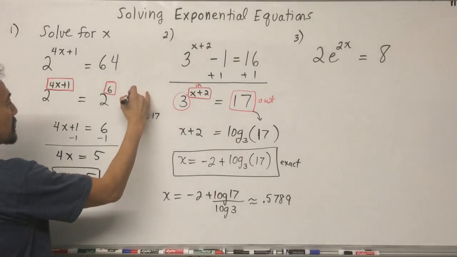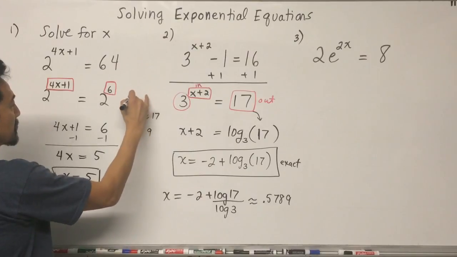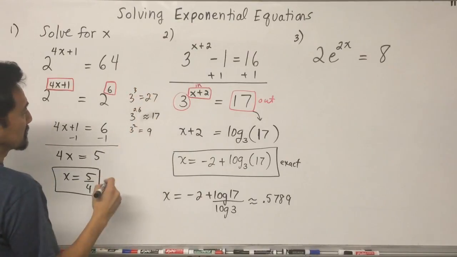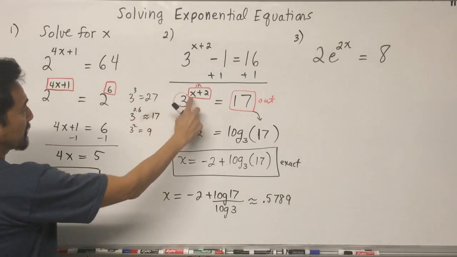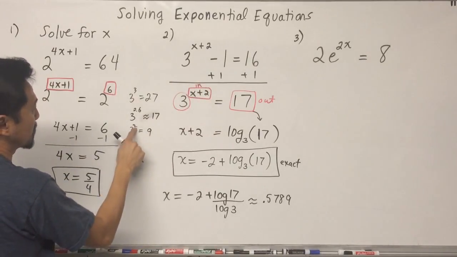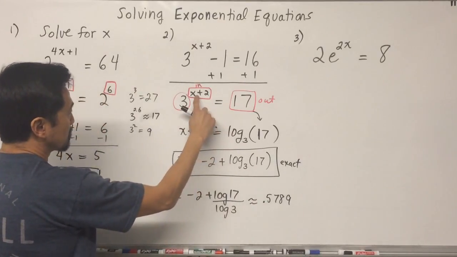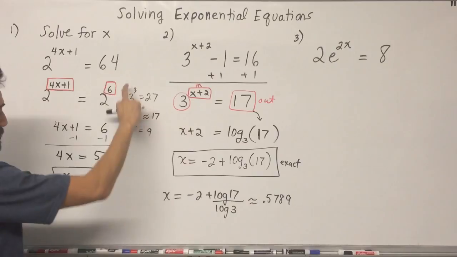But we know that 3 to the second power is 9, and we know that 3 to the third power is 27. So we know that this whole exponent has to be between 2 and 3. And with that x value, it would then give us an exponent between 2 and 3.